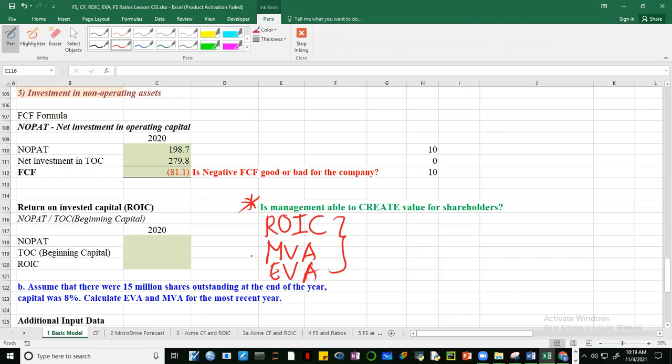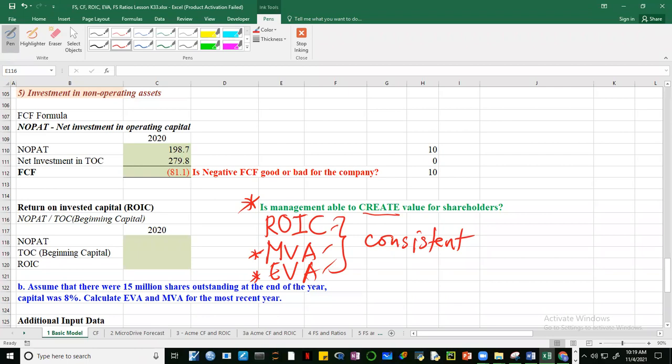There was a discussion of this in your text, actually, so I hope you're reading the text, guys. By next week, we'll already conclude our discussion on chapter 28, and we'll have our short quiz. Now all of these, guys, are consistent. When I say consistent, if one measure says that management was able to create value, then so will the other measures.